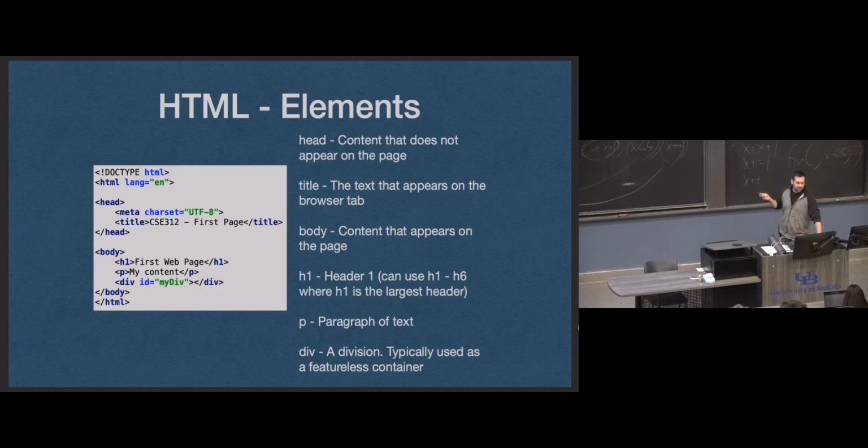So a few elements I will talk about. HTML is your top-level element. The start of your HTML and the end of your HTML is just your whole document. The header is going to be a bunch of meta information about your page that's not displayed on the page itself, but it can be displayed around it.